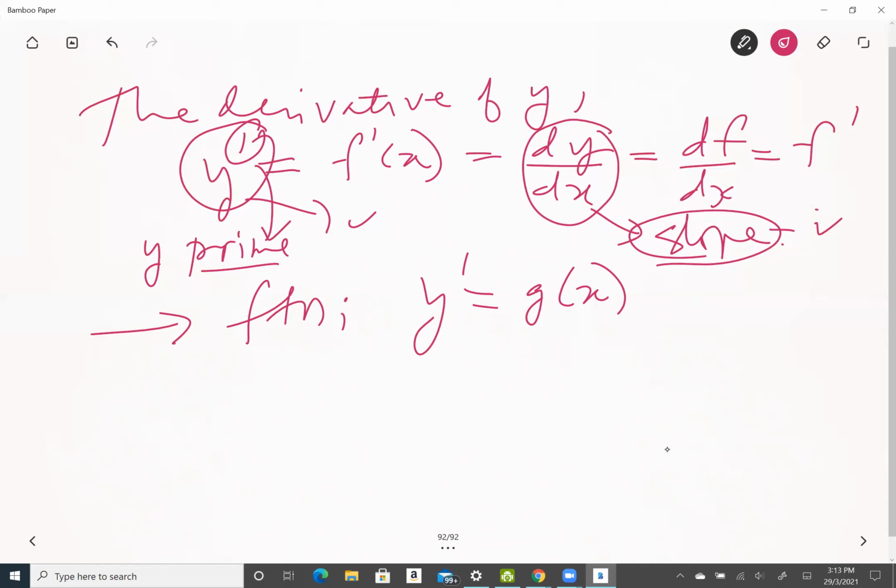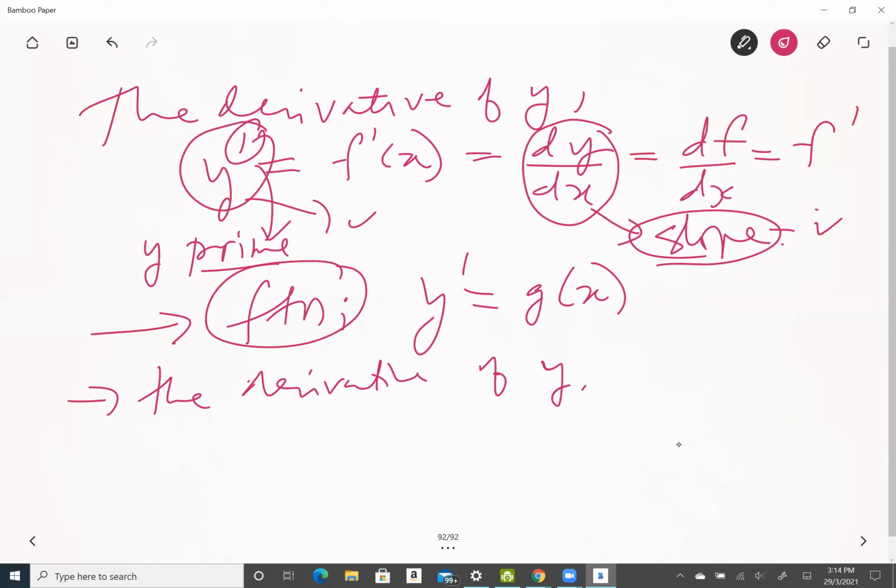Now, next, this is the concept that we need to understand and use for this chapter. When you take the derivative of the function, y, you have y prime equal to f prime of x.